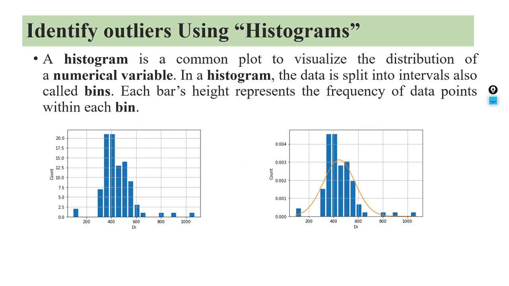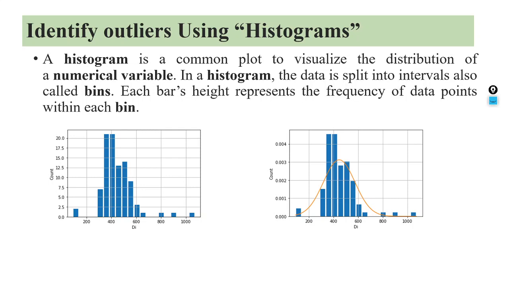First, identify the outliers using the histogram. What is meant by a histogram? A histogram is a common plot to visualize the distribution of a numerical variable, so it is applied on numerical variables. In a histogram, the data is split into intervals called bins.